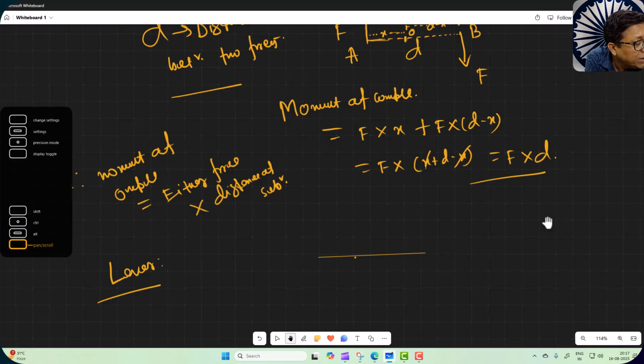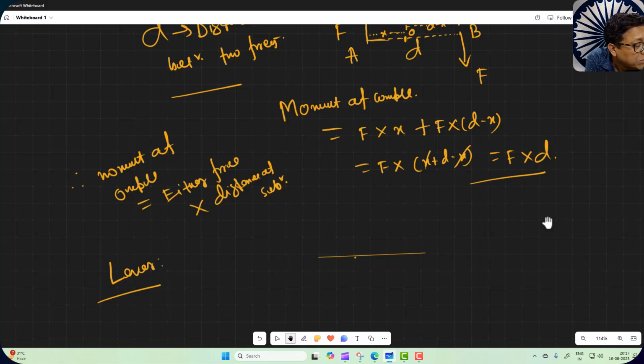This lever will be in equilibrium. Under what condition will this be in equilibrium? If we apply a load at one end, then we have to apply force at the other end to keep it in equilibrium. This is the balance point.